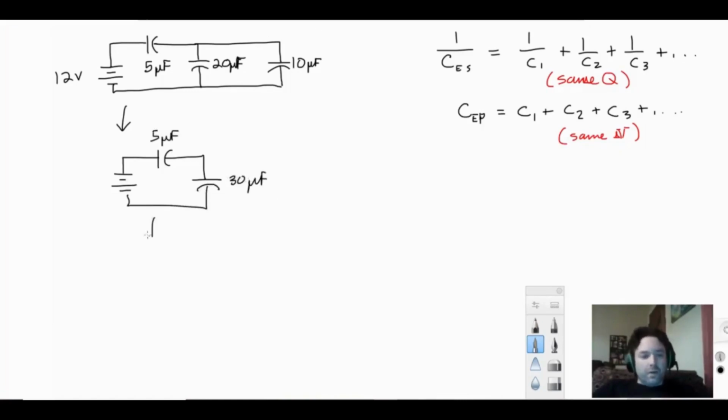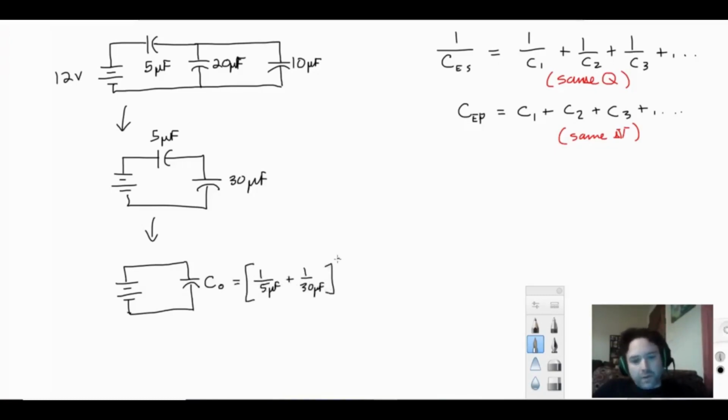Okay, then we go through the process of combining our series capacitors into one single capacitor. This equivalent capacitor is going to be the reciprocal of 1 over 5 microfarad plus 1 over 30 microfarad. Don't forget to put the little reciprocal mark on there, because if you don't, you might forget to flip it afterward, right?